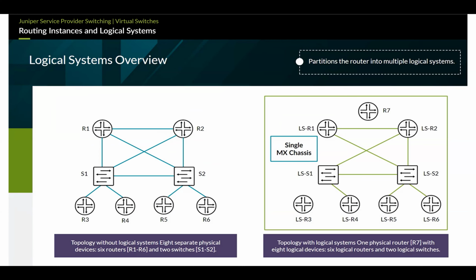Now we'll discuss the logical system overview. Here, this is router 1 and router 2. They are connected with switch 1 and switch 2, and there are multiple routers. You use multiple routers for multiple services.